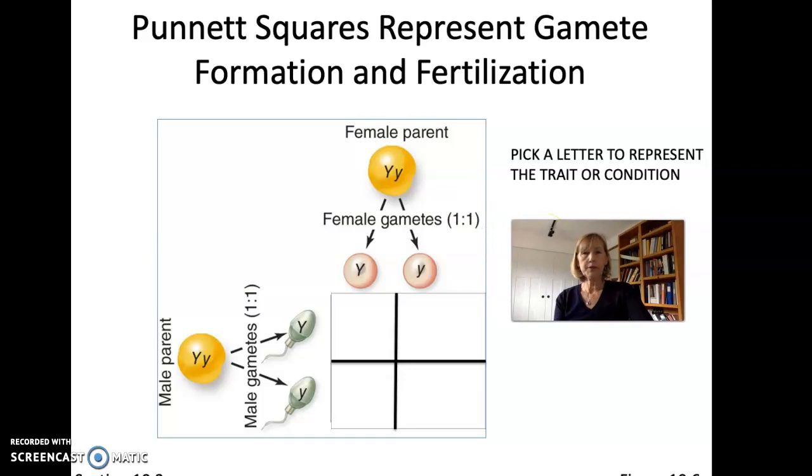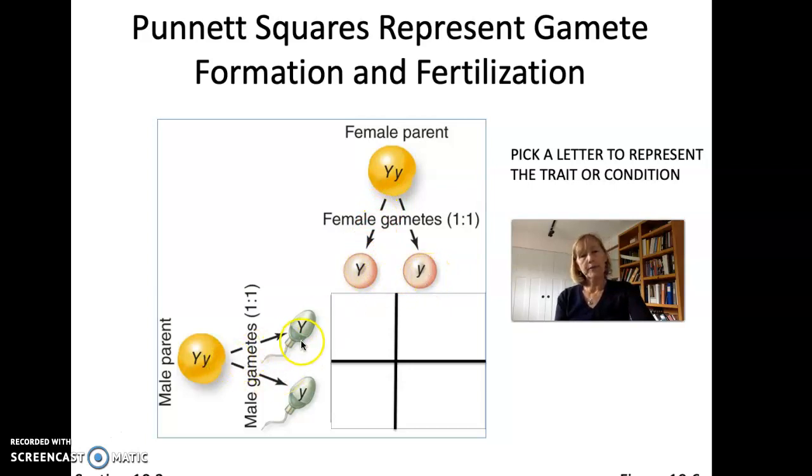So Punnett squares represent gamete formation, as I was showing you before. Let's go really slowly through this one, and then you should be able to understand them. The female is going to be in the egg here, is going to, through meiosis, this is going to divide, and only one of the pair is going to be passed on. So we never know if it's going to be the big Y or little y.